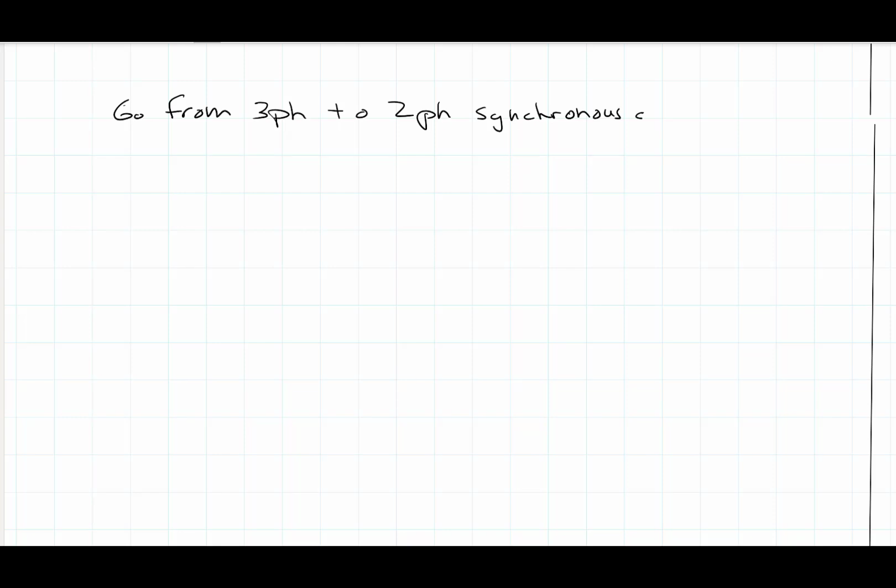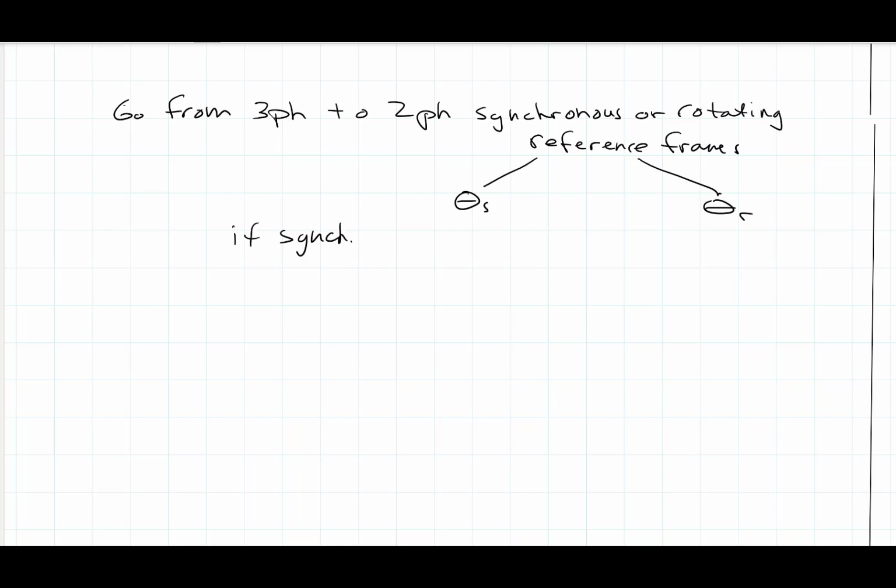It could be synchronous or, we'll say, rotating reference frames, so it would apply in either case. If we're going to the synchronous reference frame, we're going to use theta s. If we're going into the rotating reference frame, we're going to use theta r. Now, if it's a synchronous motor, which is what we're talking about, theta s equals theta r, so you could use these interchangeably.